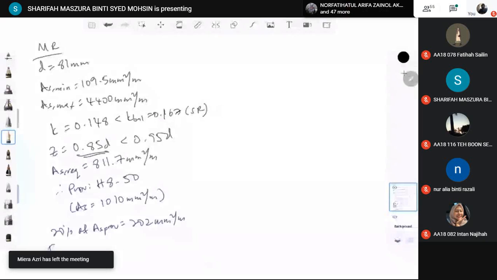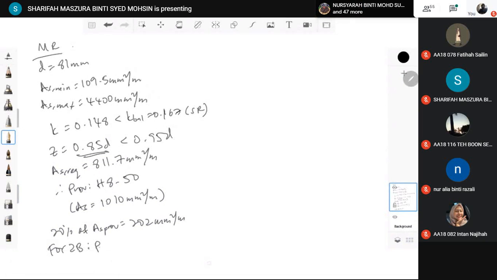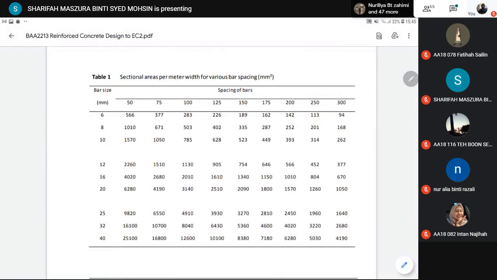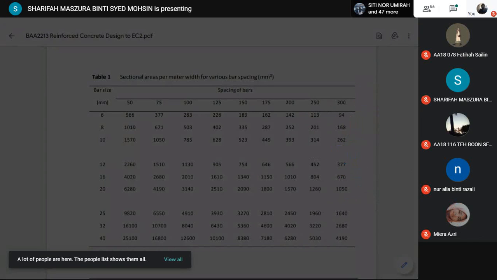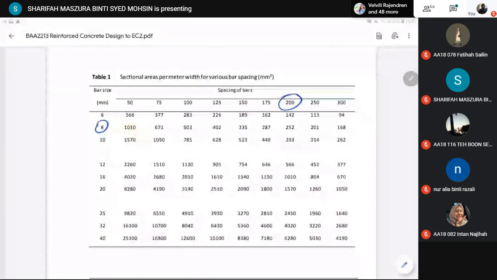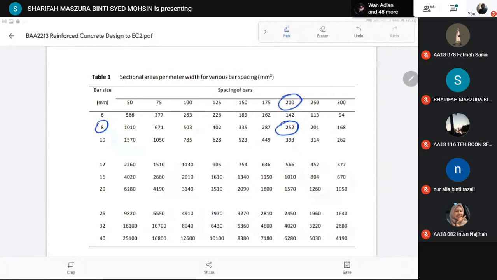So for secondary bar, we have to provide H8 200. Area of steel provided will be 252 millimeters square per meter.